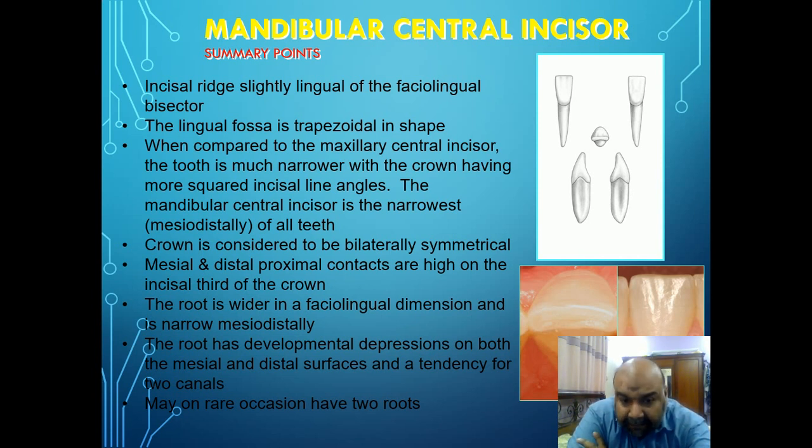And lastly, it has developmental depressions on both the mesial surface as well as the distal surface, and these developmental depressions are known as longitudinal mesial root depression and longitudinal distal root depression. On rare occasions, it can have two roots, and if there are two roots, then they will be labeled as the facial root and the lingual root.